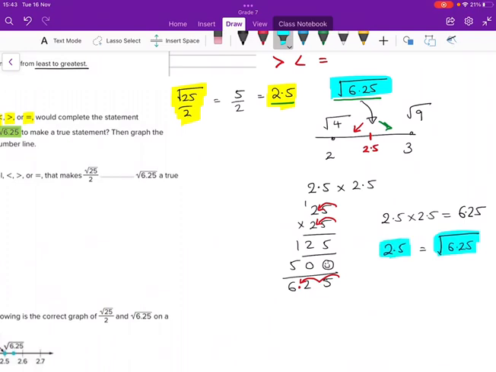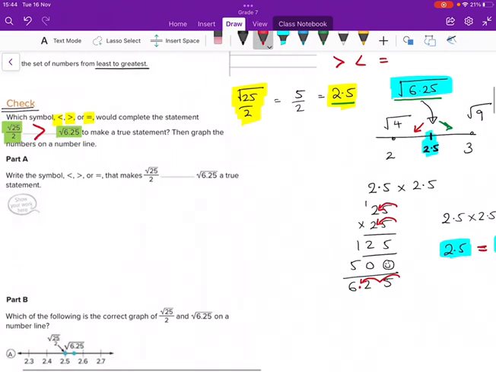How did I do that? I chose the exact midpoint to see whether this answer would be bigger or less, to know approximately where the root of 6.25 lies. And I found it to be exactly equal. And so I will use the equal sign there. They both equal 2.5 as a decimal.